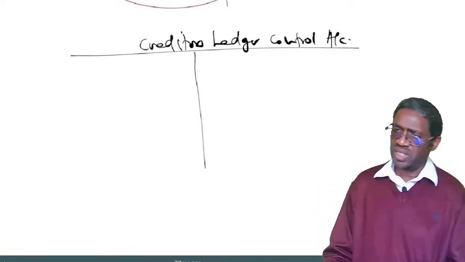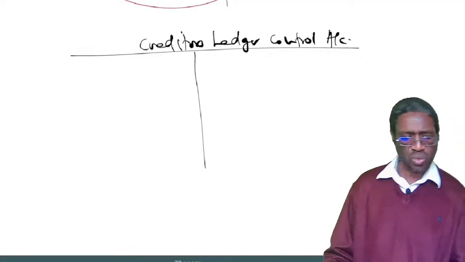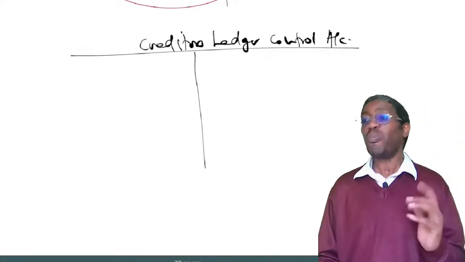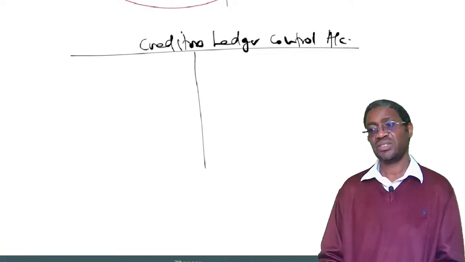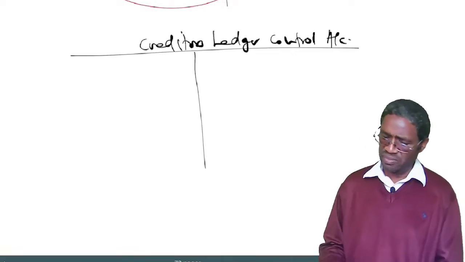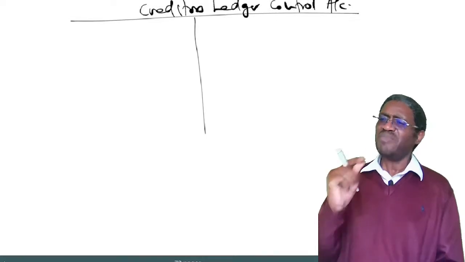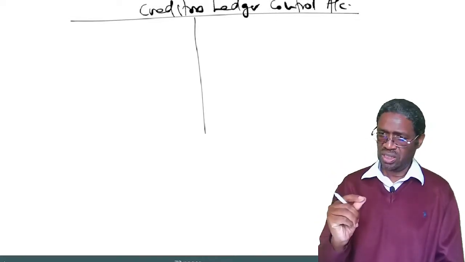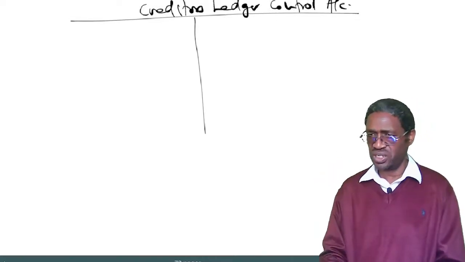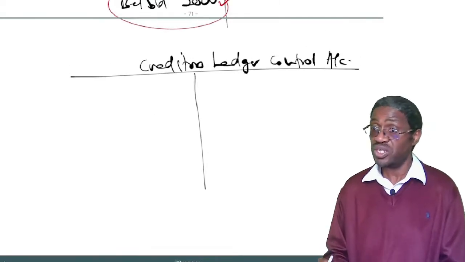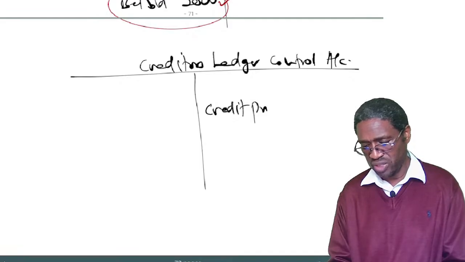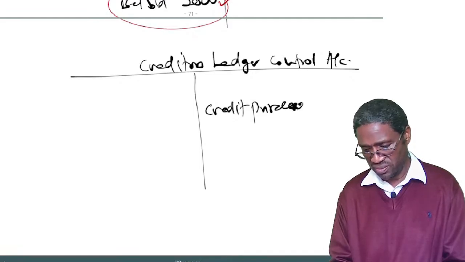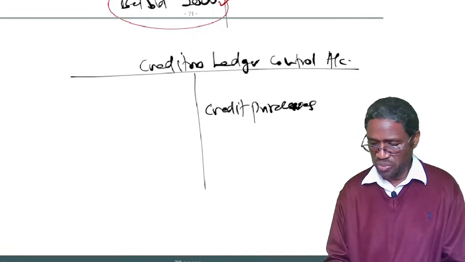One time, let me go through again the transactions. One time, you purchased goods from your suppliers. When you purchase goods from them, you must have debited purchases. You must have credited creditors to increase what you owe to them. So you said, credit purchases.